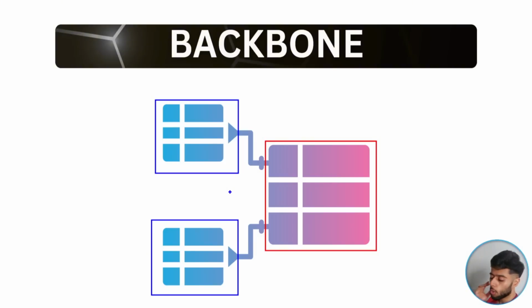And do you know what? Dimensions and fact tables are actually very easy to build, but things get messy when you work with slowly changing dimensions. For example, you want to store the history of all the changes that you are making in your dimension. In those scenarios, you have to manage everything.